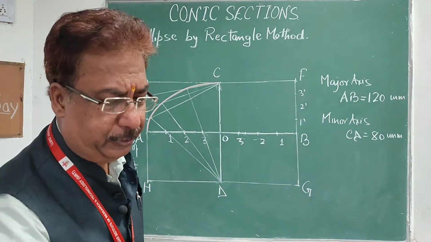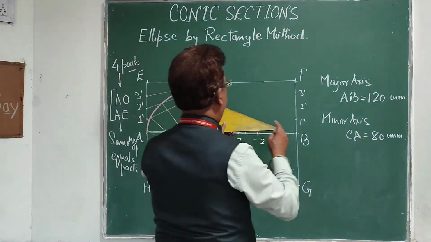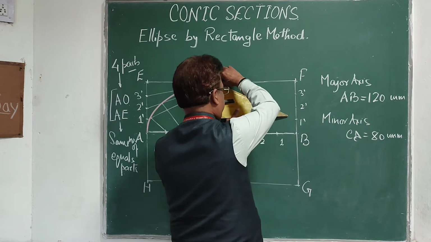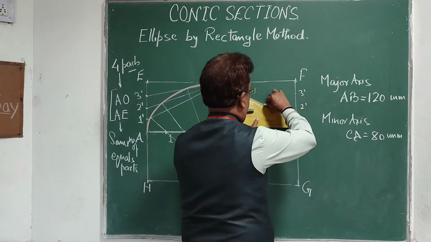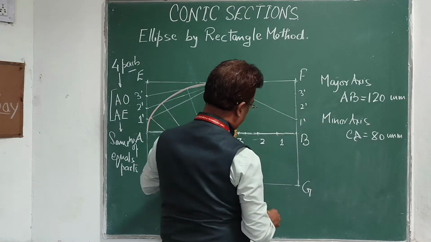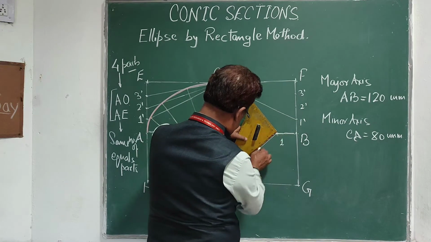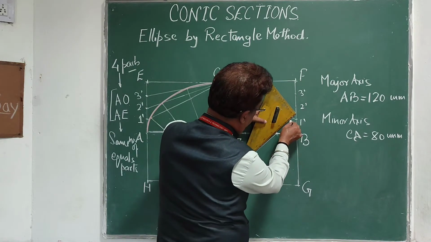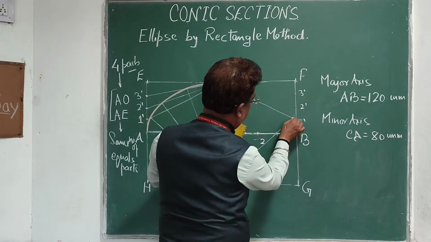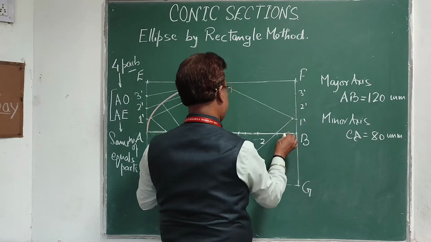And again I am going to repeat the same method. I am going to join this C with 1 dash and this D with 1 like this and extend this upside. I can easily get the point.